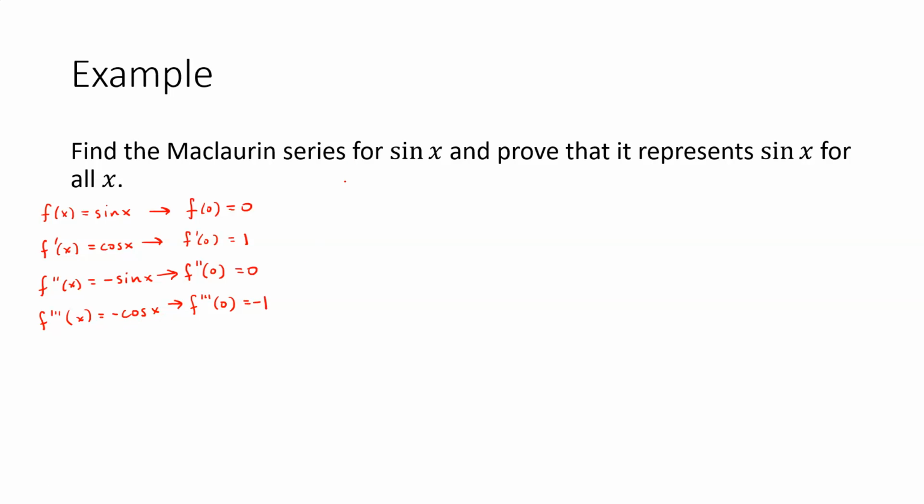Now if I write out the Maclaurin series, remember we're using these derivatives because in our Maclaurin series formula we need those values. Let's fill them into our formula, and we can see if there's a pattern that we can recognize.